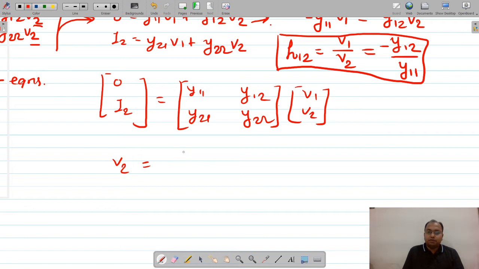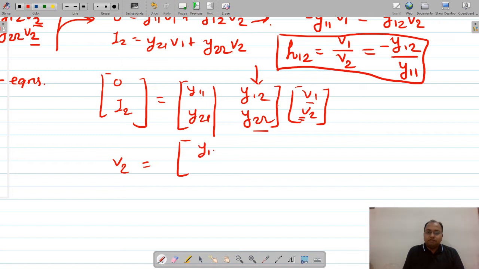So for that purpose, replace the second column, because V2 is the second term, right? Therefore, we are going to replace this column. If we wanted to find V1, then we would have replaced the first column. Right now we are finding V2, so that's why.